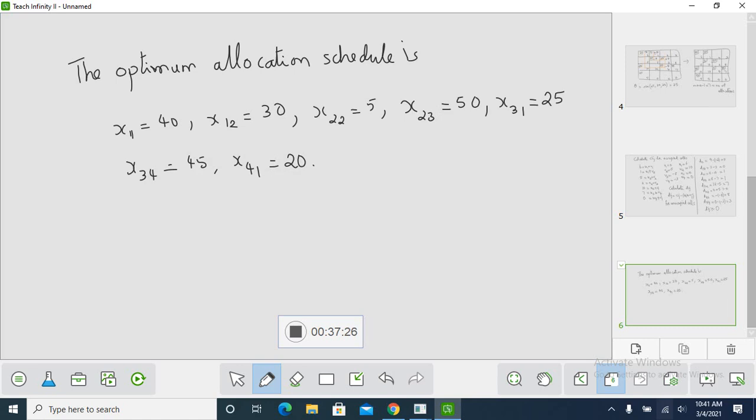Now having got the allocations, we can find the optimum or minimum transportation cost. The optimum or minimum transportation cost will be equal to, just keep multiplying the cost with the cell entry.